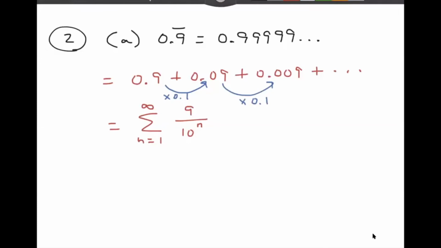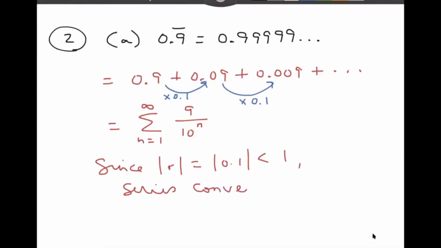All right. So since the absolute value of r, which is the absolute value of 0.1, is less than 1, this geometric series converges. Repeating decimals will always converge as geometric series.